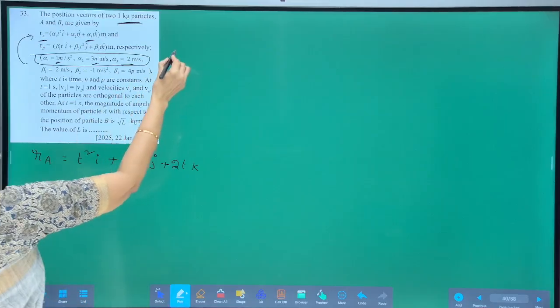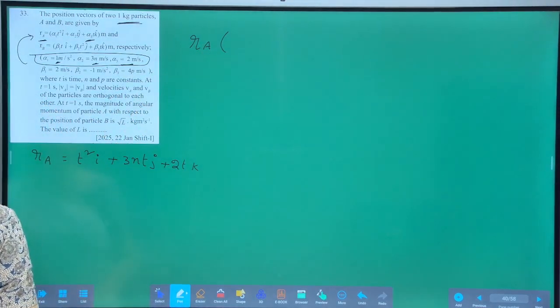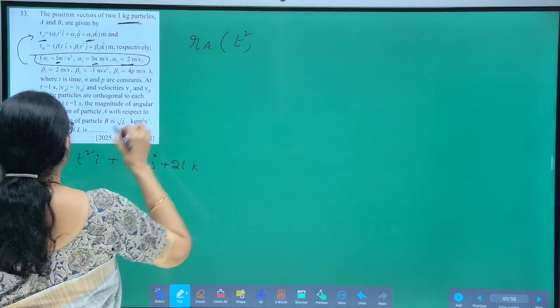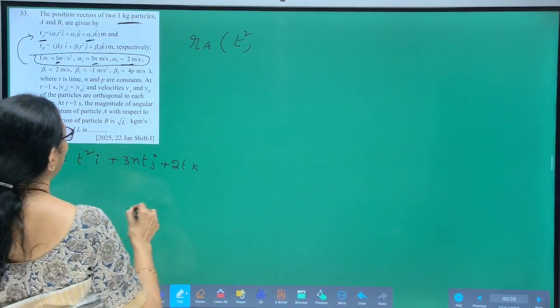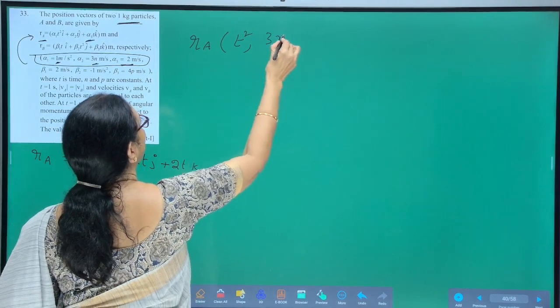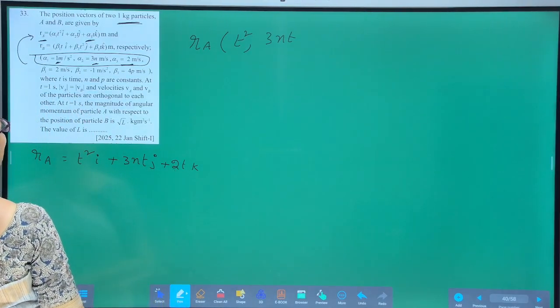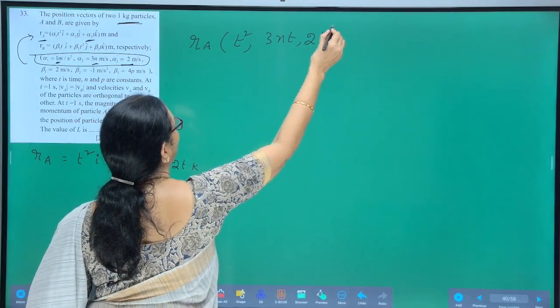So, I will write the position coordinates of the particle as: x coordinate is t square, y coordinate is 3n into t, and z coordinate is 2t.